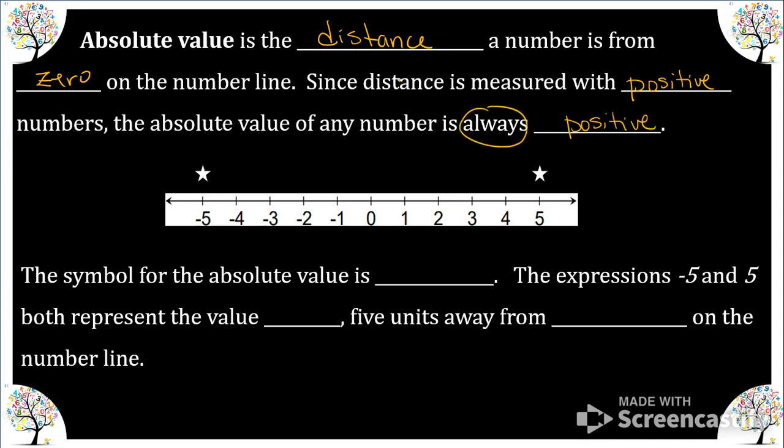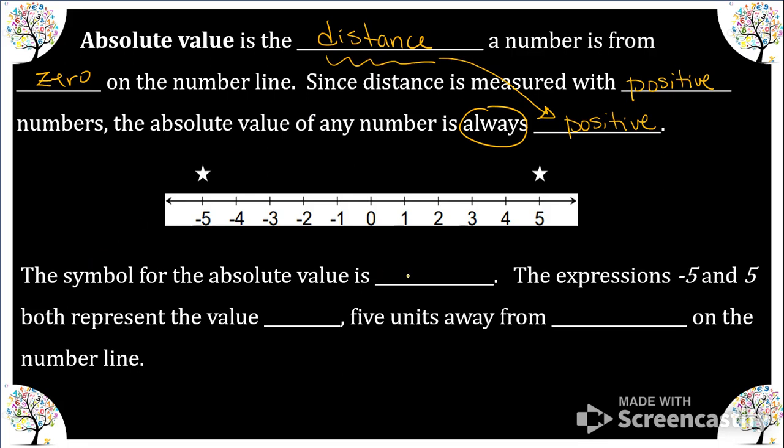So when we measure something, we don't say it's -3 feet. Distance is always positive. And again, the absolute value of a number is simply a distance. So that's why it's always going to be positive.